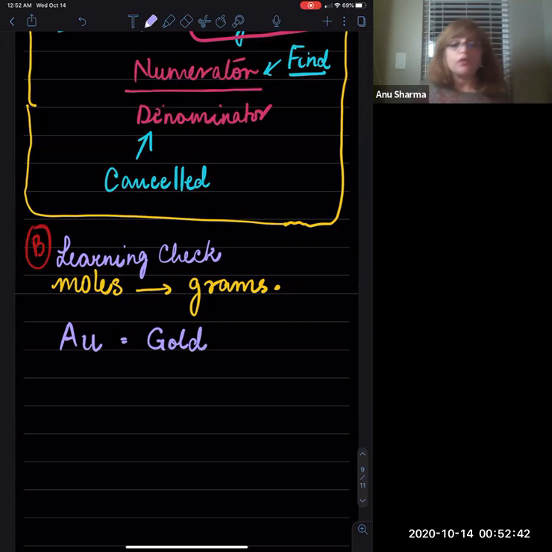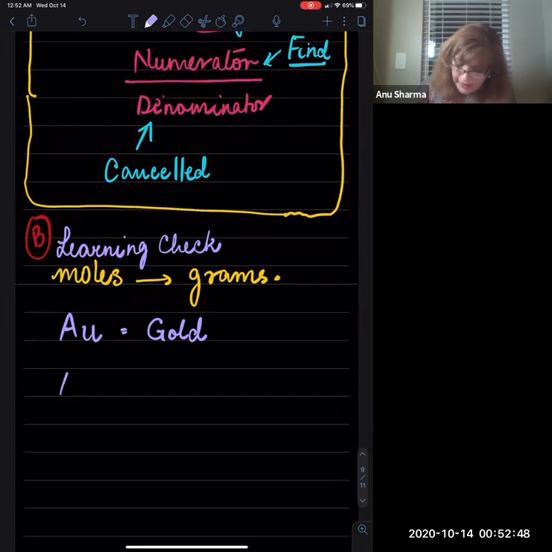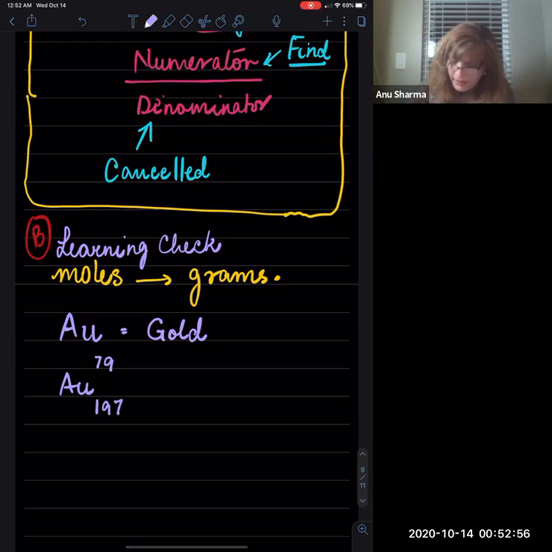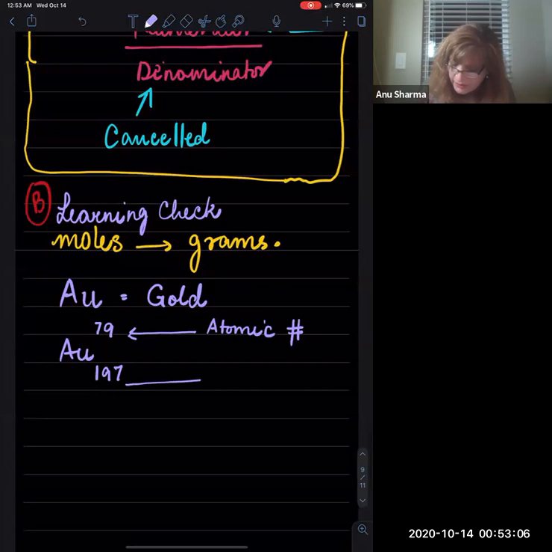First of all, what do we know from the periodic table? Gold, Au, is 79 and 197. Again, this is the atomic number, and this is the mass number.